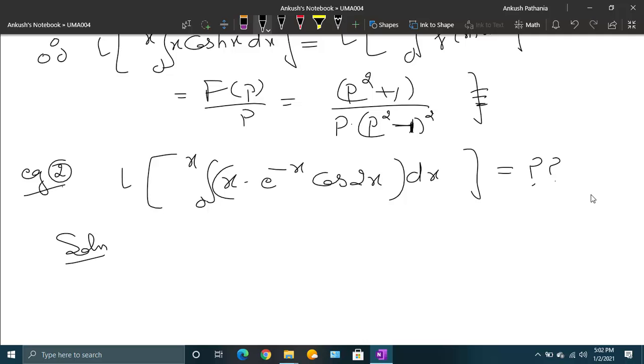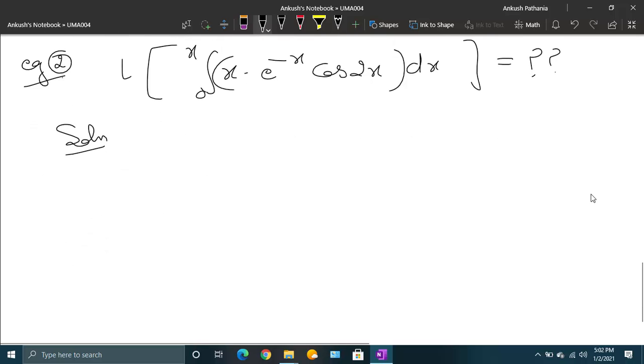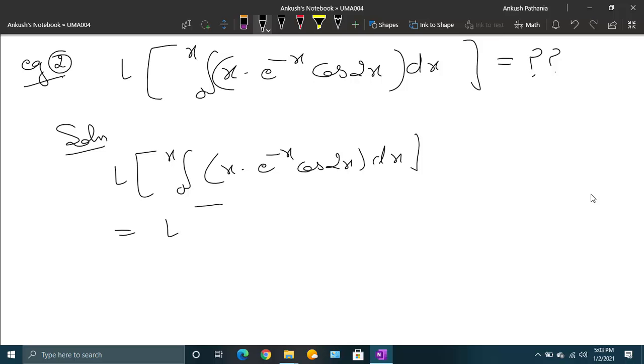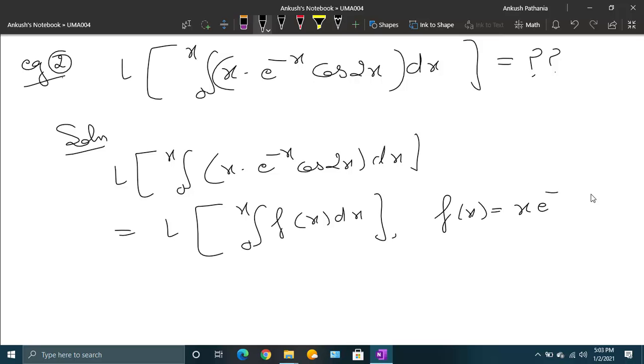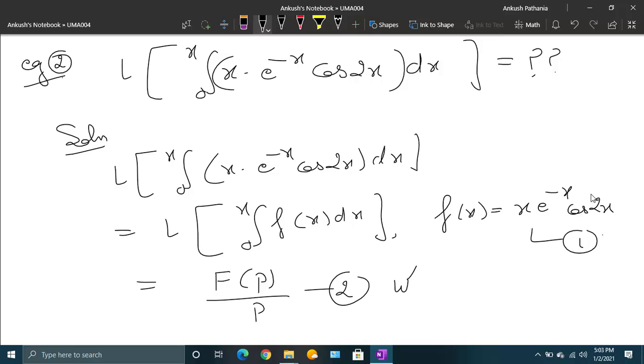Clearly you can see here in this question, it is of the form integral 0 to x of f(x) dx, where f(x) is x e raised to power minus x cos 2x. By property number 5, this Laplace of integral 0 to x of f(x) dx is equal to F(p) by p, where F(p) is basically the Laplace of f(x), and that is what we need to find.